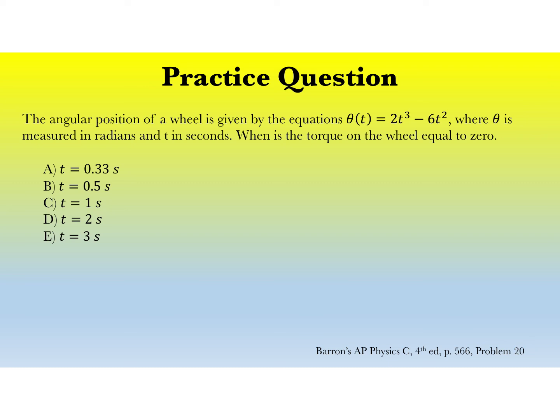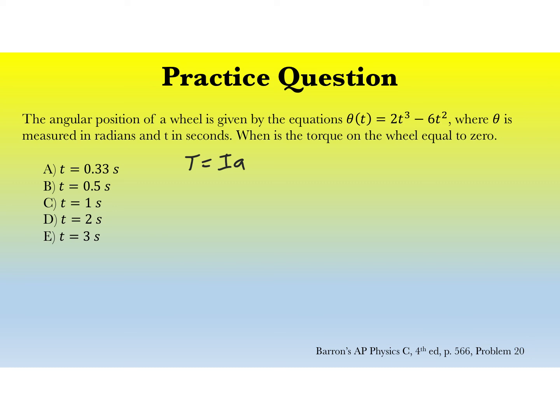So that can bring us into questions like this, where the angular position of a wheel is given by an equation theta of t. So that's our angular position at a given time, measured in radians, time in seconds. And we want to know when the torque on the wheel is equal to 0. So we just start with our formula that the torque is the rotational inertia times the angular acceleration.